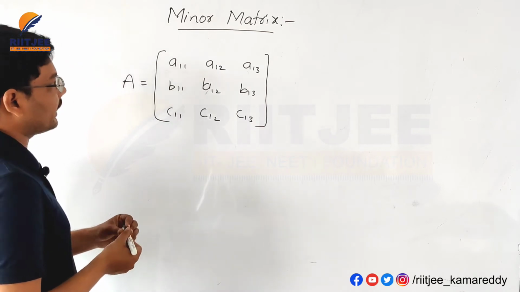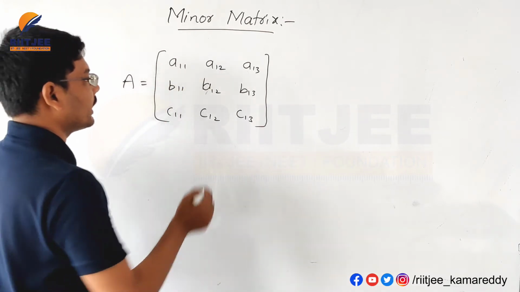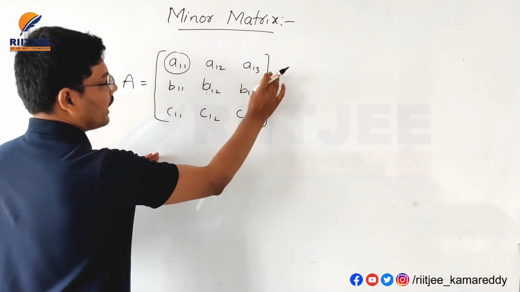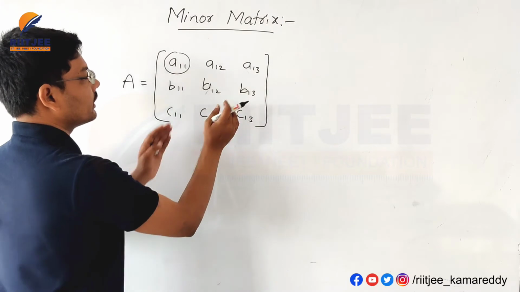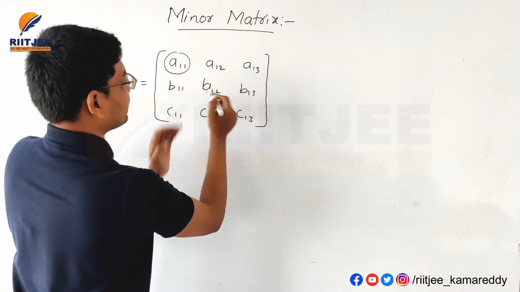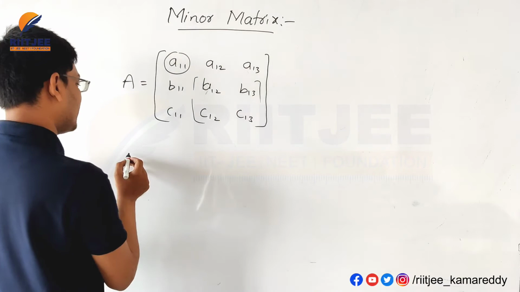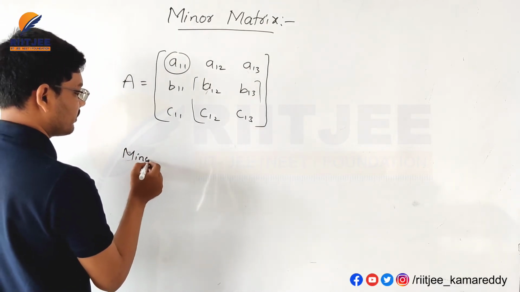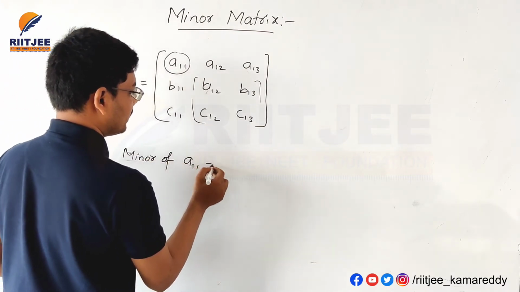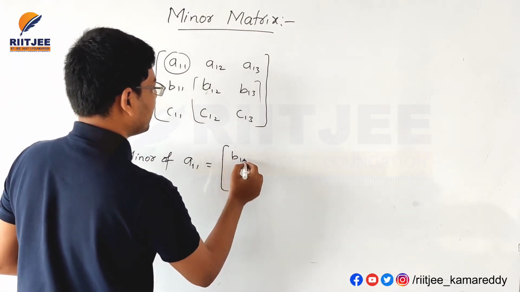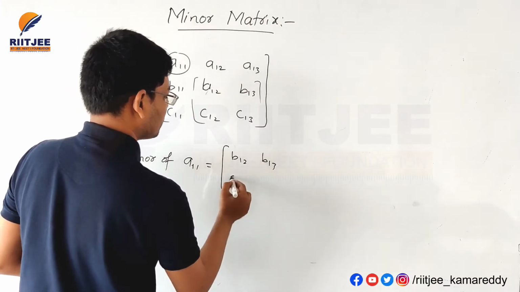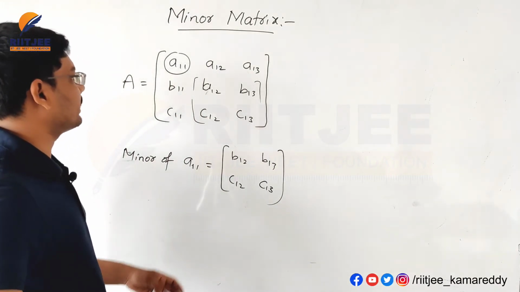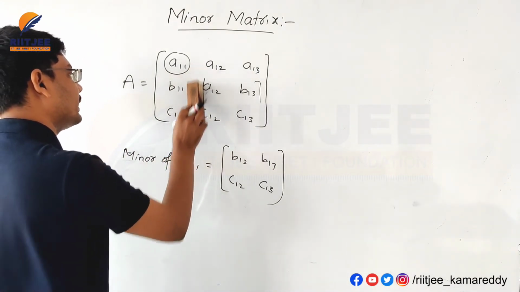If you want to find a minor of A11, just eliminate the row and column which is having A11 here. Write the minor matrix here. This is the minor of that one. So minor of A11 is equal to the matrix B12 and B13, C12, C13. This is the minor matrix of A11. And that way similarly you can take any element in a matrix.